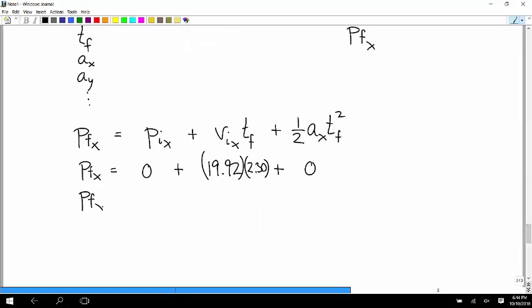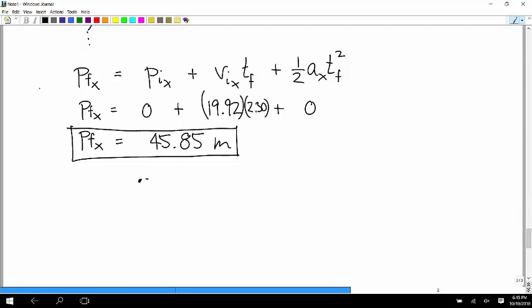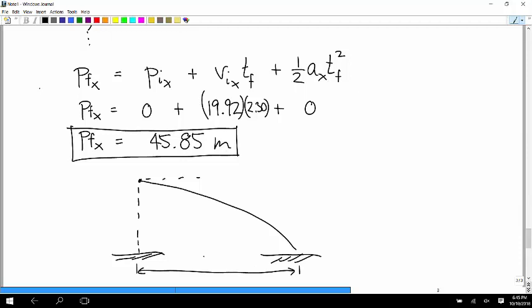And so PFX is equal to, what's 19.92 times 2.3? 45.8 what? Meters. Okay, so this object travels horizontally 45.85 meters.